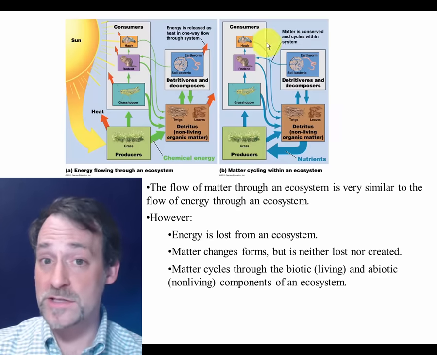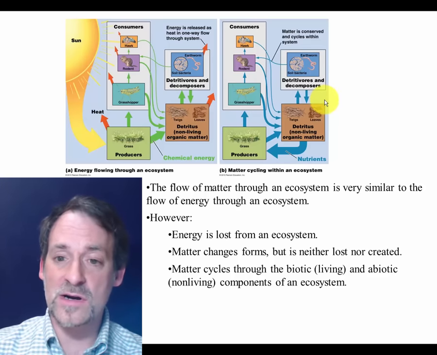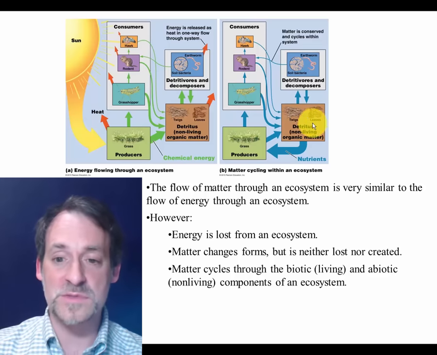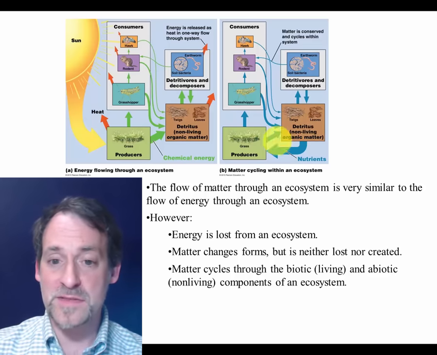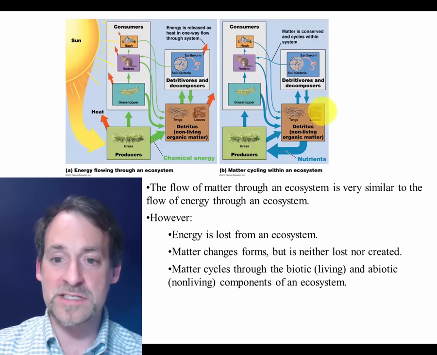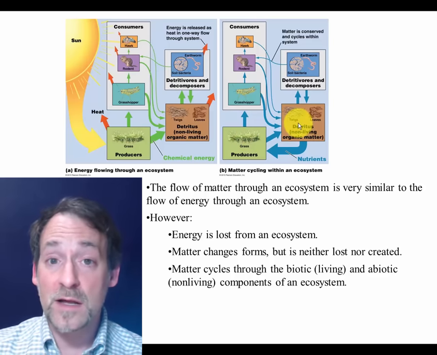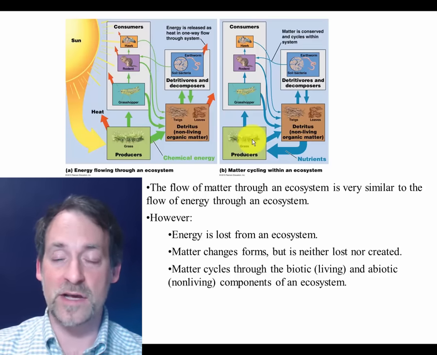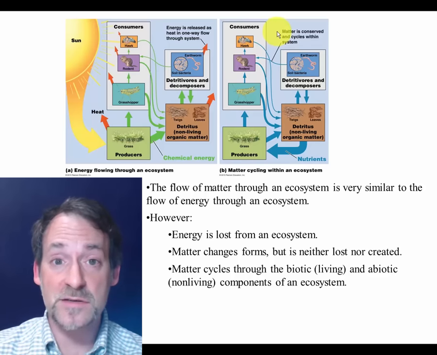One thing that's not shown in this diagram that perhaps should be is that there are other non-living forms of matter besides detritus. So an atom that is part of a living organism one day can end up being released in a non-living form, like say carbon dioxide. Or it can undergo denitrification and end up in the atmosphere as nitrogen gas.